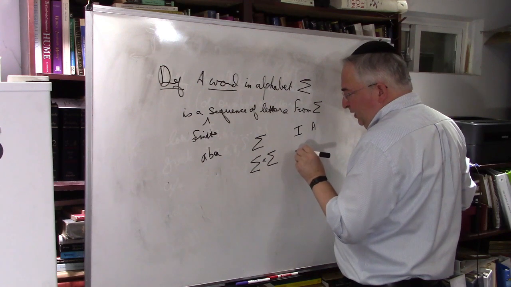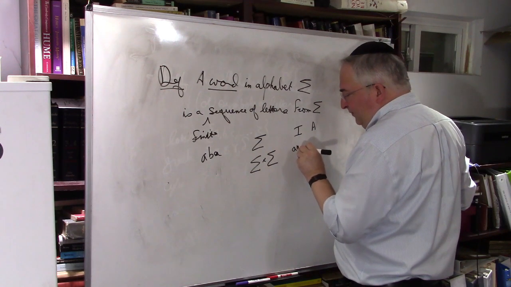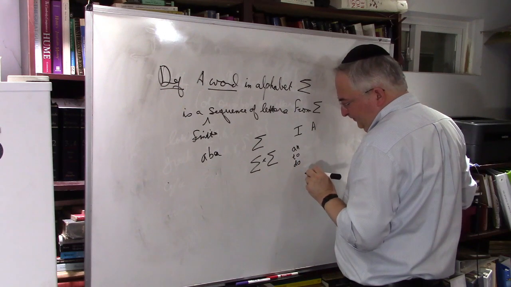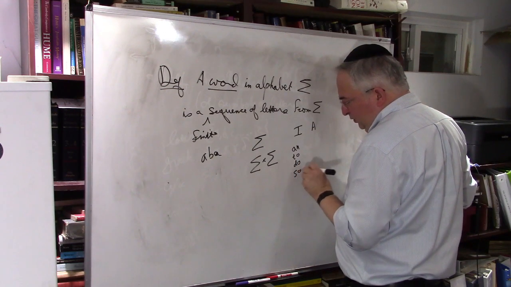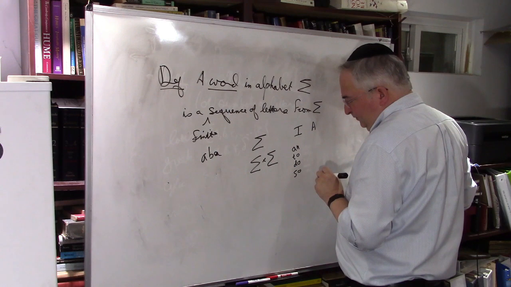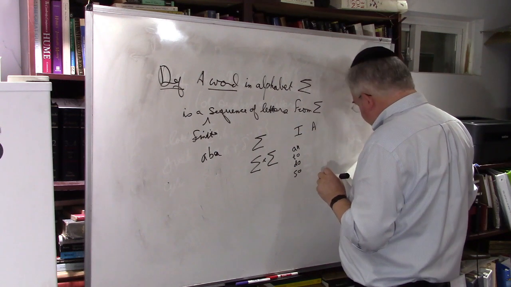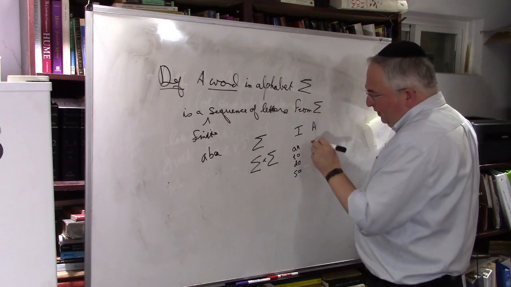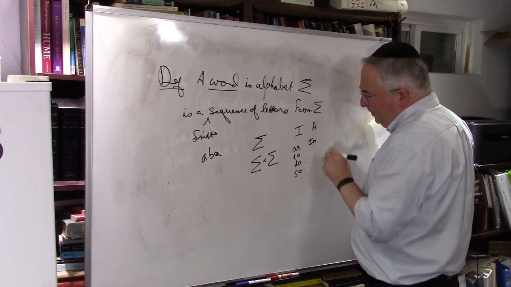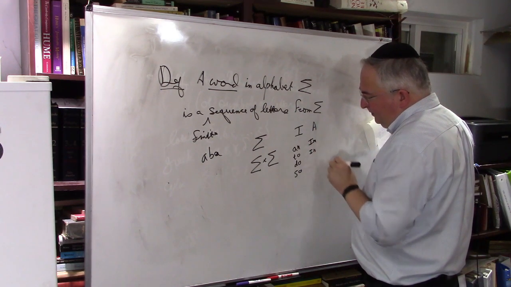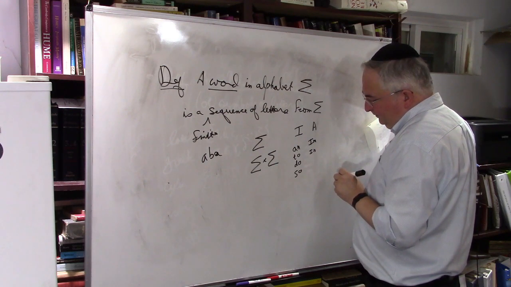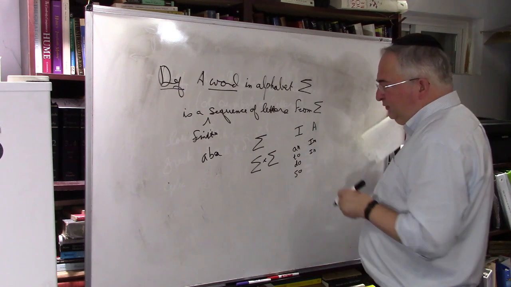Let's go through them: an, to, do, so, in. I'm sure there are a lot more. Anyway, these are two-letter words.